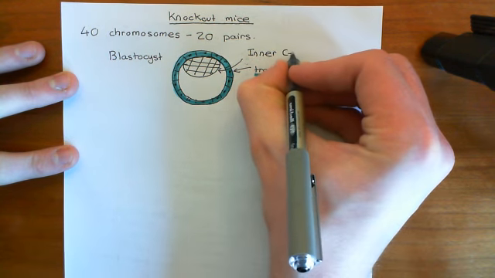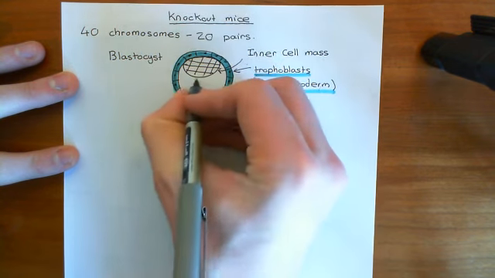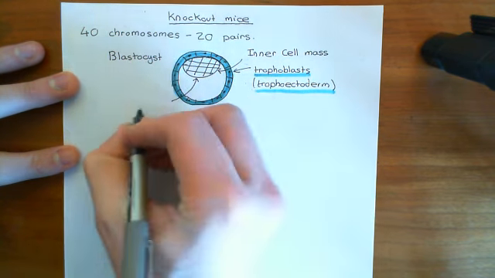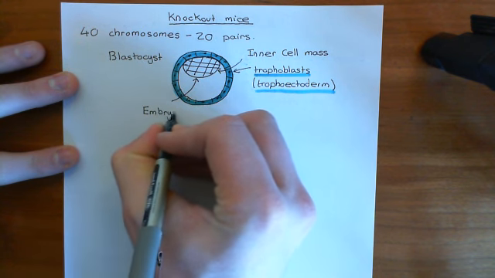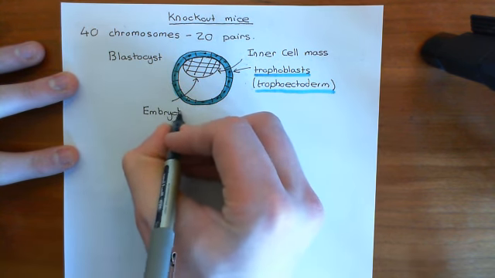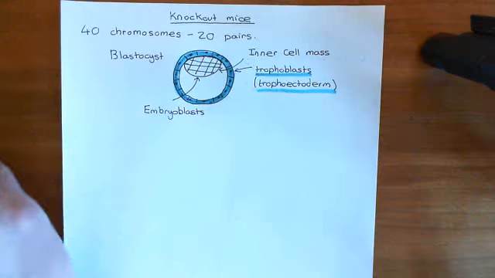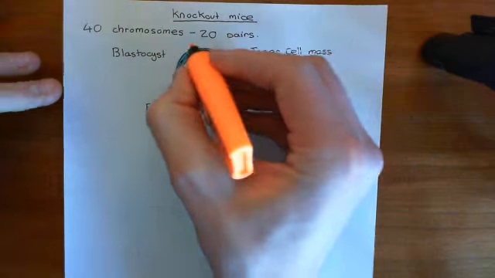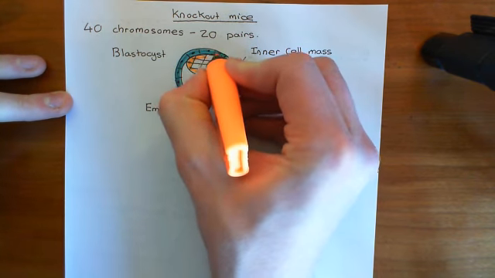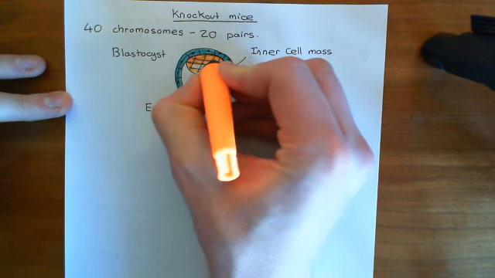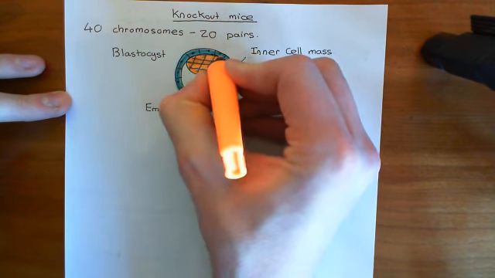That's the name for the entire thing. An individual cell in the inner cell mass is then known as an embryoblast. This reflects the fact that the entire embryo is going to be made from the cells in the inner cell mass. So the trophoblasts will generate the extra embryonic tissue. The embryoblasts, which are now being coloured in orange here, will generate the embryonic tissues.